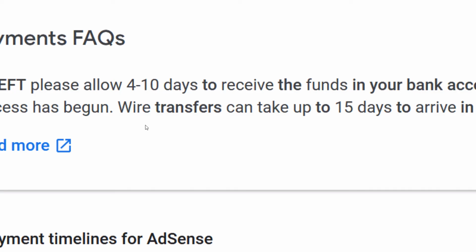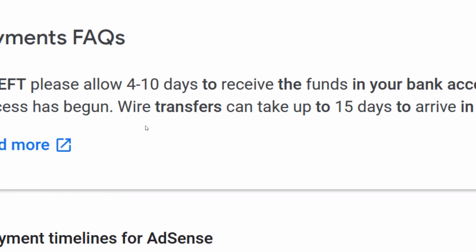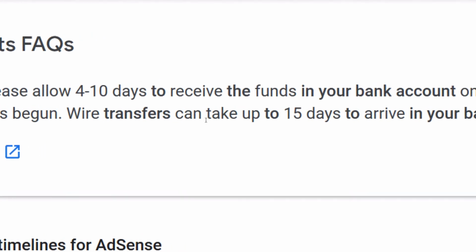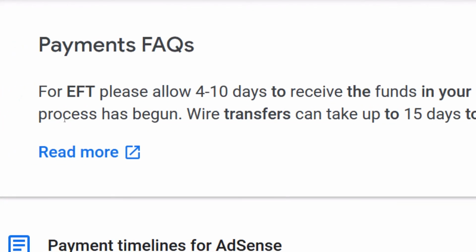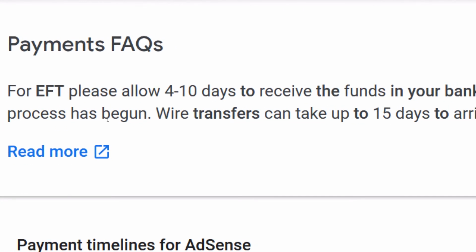So that will be around the 21st of January to receive the funds in my bank account once the payment process has begun. The payment process began on the 11th of January. So I have to wait 4 to 10 days after the 11th of January. That will be around the 21st of January to receive the payments in my bank account.